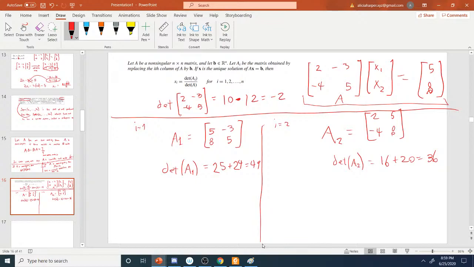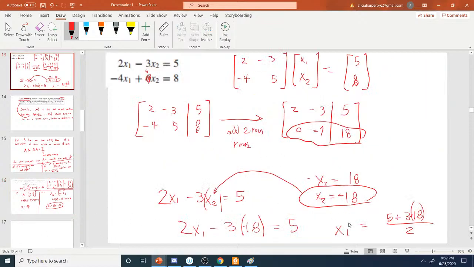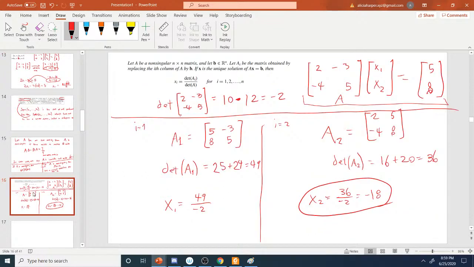Now I have all the information necessary to apply Cramer's rule, because it tells me that x1 is going to be equal to 49 divided by -2, and x2 is going to be equal to 36 divided by -2, which is the same as -18. You'll notice that the -18 we got for x2 is the same as the -18 we got when we solved this via back substitution.